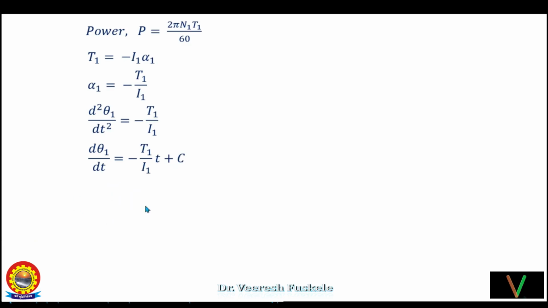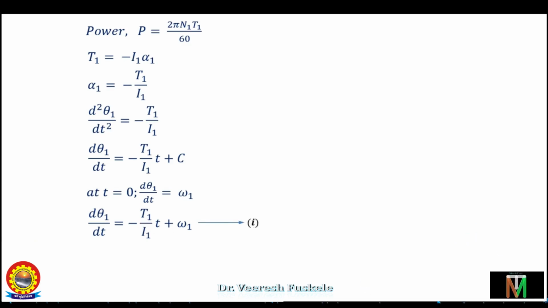Now applying the boundary condition, at t is equal to 0, d theta 1 upon dt is nothing but the angular velocity of the driving shaft, that is omega 1. So we can write this equation as d theta 1 upon dt is equal to minus T1 upon I1 t plus omega 1. This will be our equation number 1.